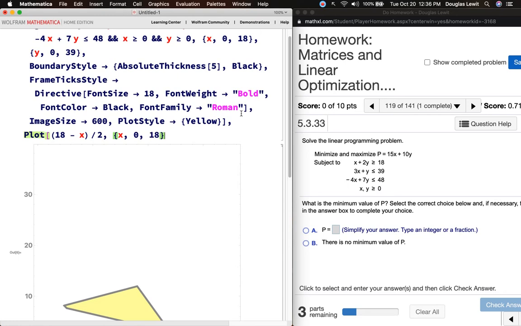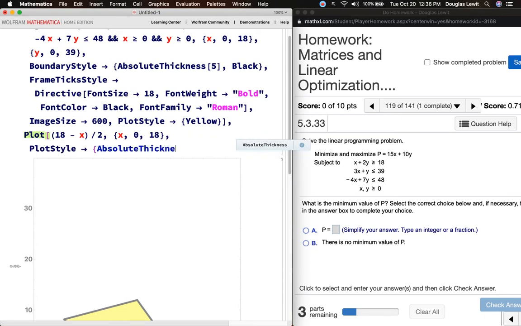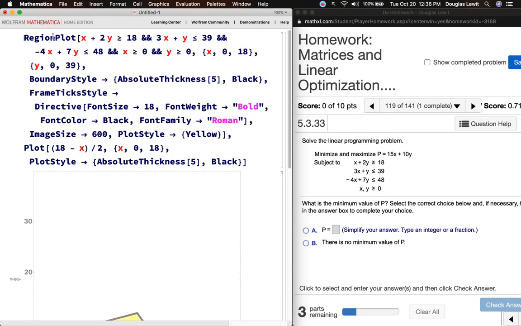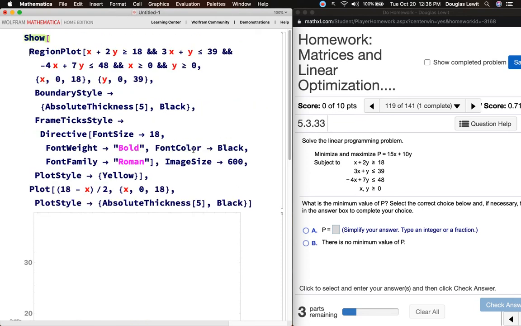Don't worry about the y values. That's automatically figured out for you. And then the plot style will be absolute thickness 5 black. And if you're combining 2 or more pictures, you need to use the show command.